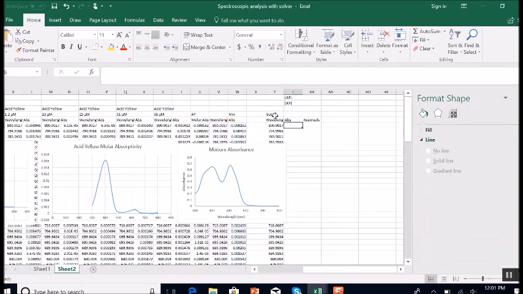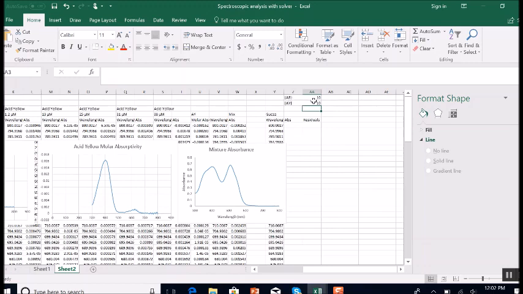So we're going to make a guess about what the concentration of this is and what the concentration of acid red is, so that we can make a guess at what we think they are. So let's guess 10 micromolar for both, just as a starting place.